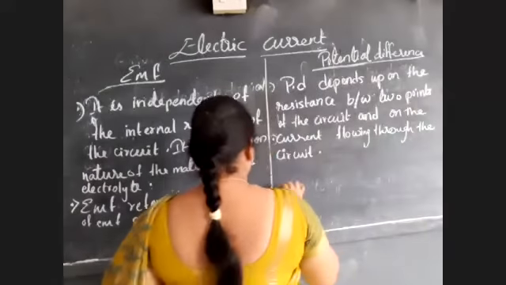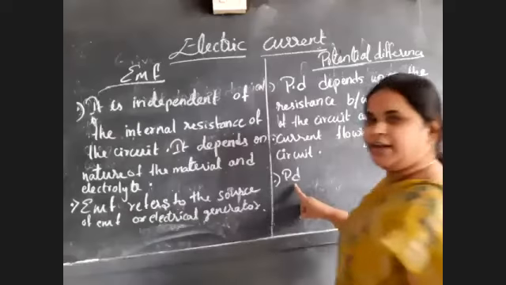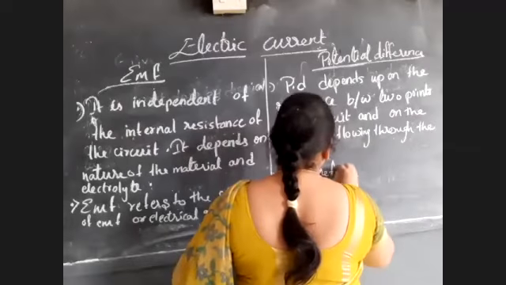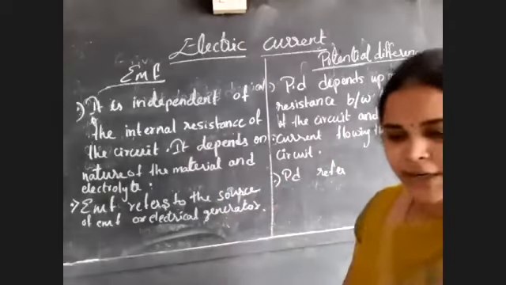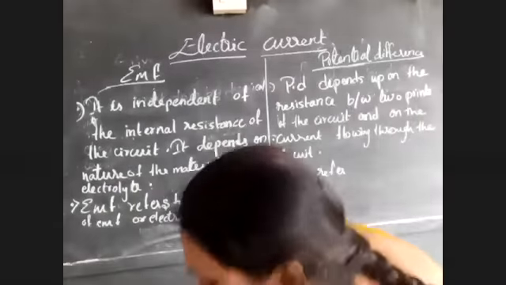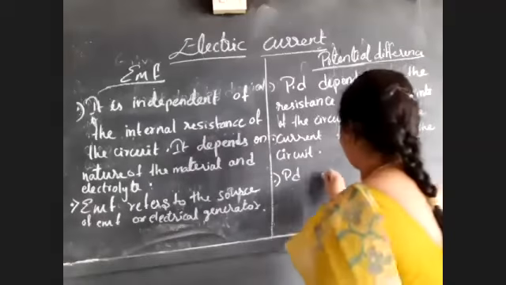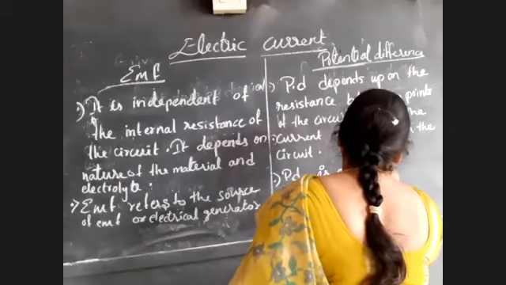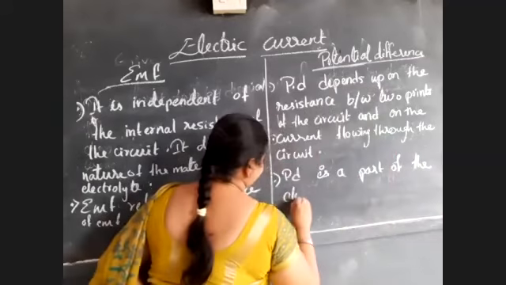Next, here potential difference. Potential difference refers to, or potential difference is a part of the circuit. Is a part of the closed circuit.